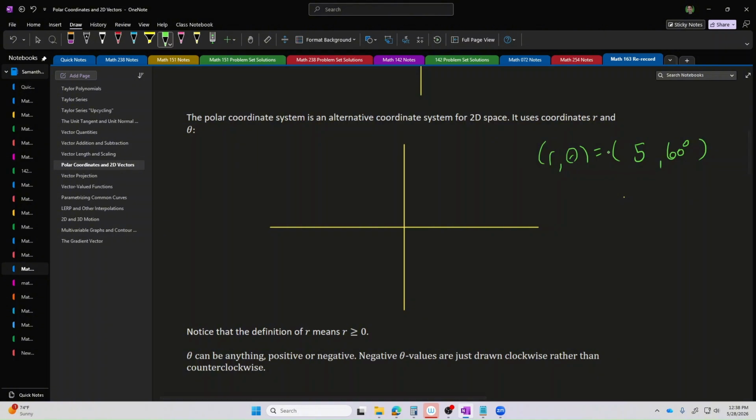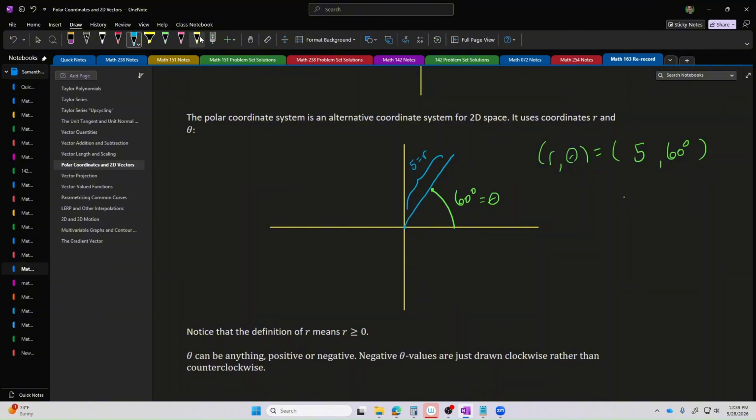I would draw the angle theta counterclockwise from the positive x-axis. So the angle theta equals 60 degrees is being measured out counterclockwise from the positive x-axis. I'm going to draw a line segment that makes this angle with the positive x-axis, and I'm going to draw it so that it's 5 units long, 5 being the value of r that I'm given in these polar coordinates.